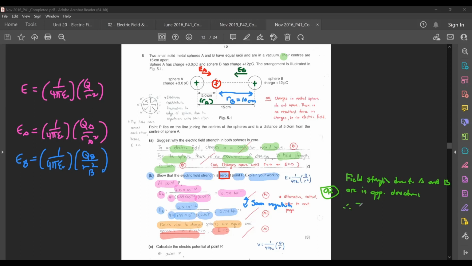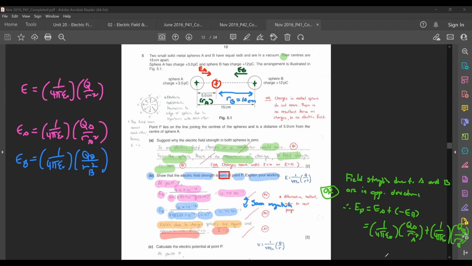Therefore, EP is equals to EA plus negative EB. So from there, you just expand your equation, QA over RA squared, right? You just expand your equation and prove that it's going to be 0.